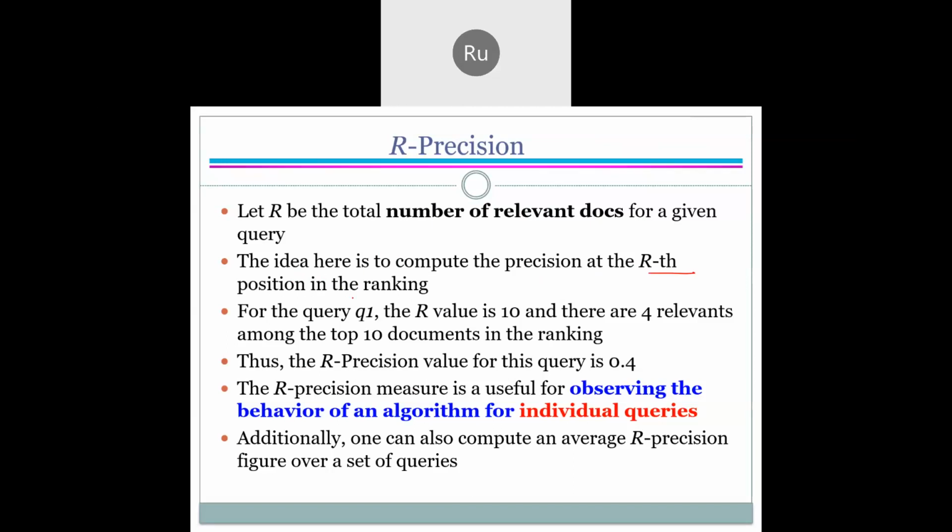So this is the R position, the R document. For query one, the R value is 10 and there are four relevant documents at the top of the ranking. This is based on query number one. So for that reason, the R precision value will be 4.